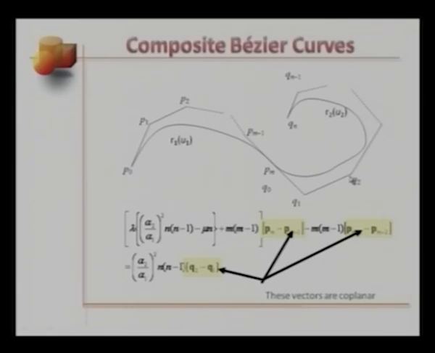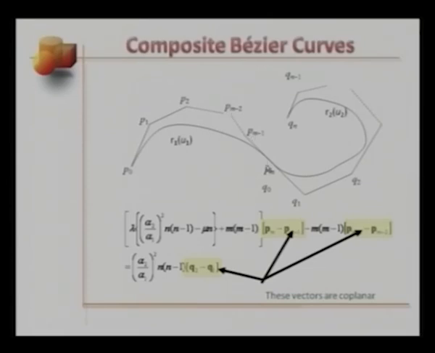From C1 continuity, we already had Q1 minus Q0 as a scalar multiple of Pm minus Pm minus 1. The fact that these three vectors are coplanar would mean that Pm minus 2, Pm minus 1, Pm, which is the same as Q0, Q1, and Q2, are the 5 design points that will have to lie on the same two-dimensional plane.